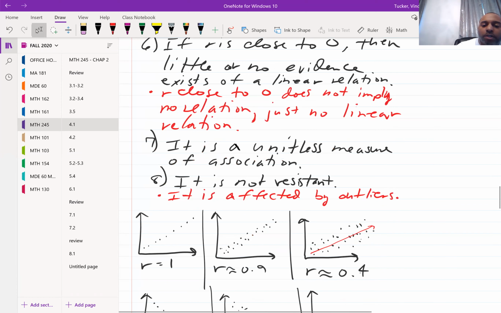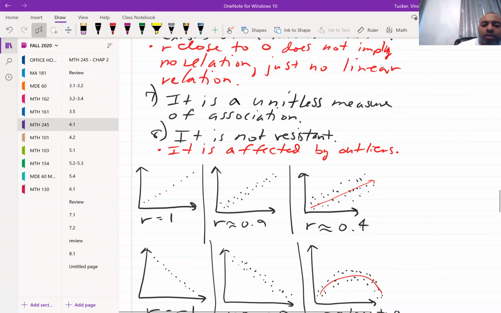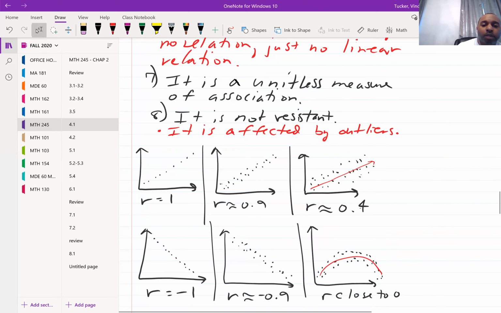Here are just generic examples of what it means for R to be equal to positive 1. Notice we have a straight line here. So that's a perfect positive association. Then as we deviate from that positive 1 and go closer to 0, same thing here.